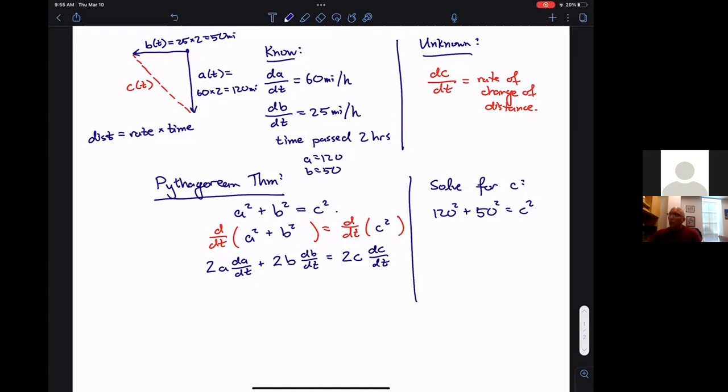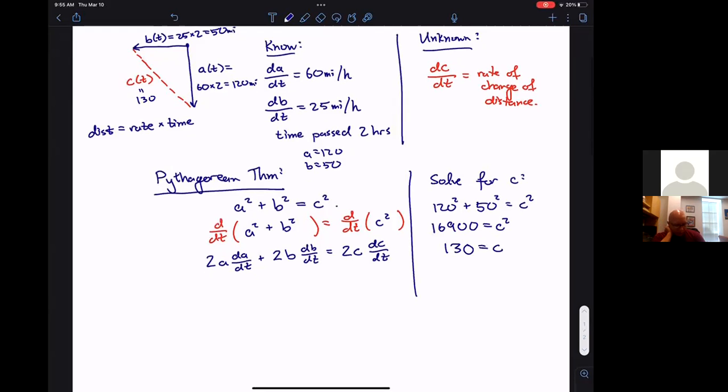When I get 120 squared plus 50 squared, I get 16,900 equals C squared. And then I want the square root of this quantity, which probably has a nice, yeah, it is a nice square root. Because 169, the square root is 13, and then there's 100 on top of that, so it's 130. Okay, not bad. So C is 130, great.